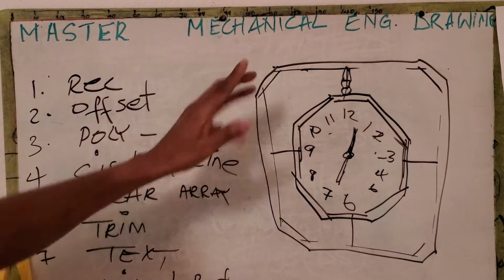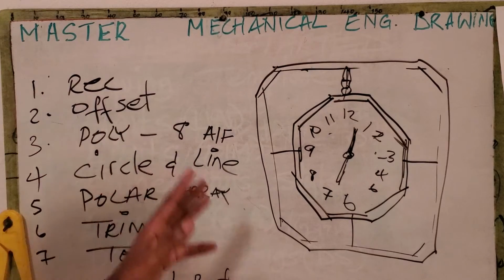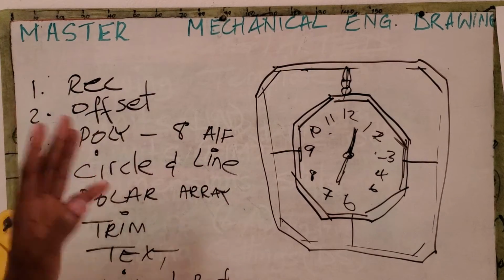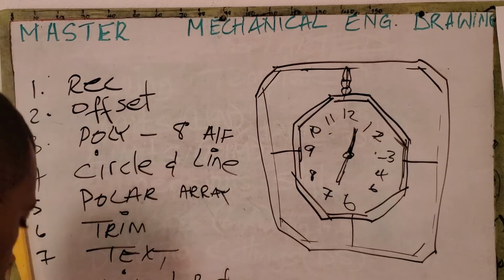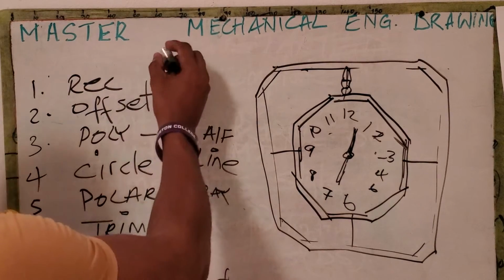I would not determine a chamfer yet, since we don't have any measurement, we are using mainly ratio and proportion. So I would pretty much draw my rectangle first.